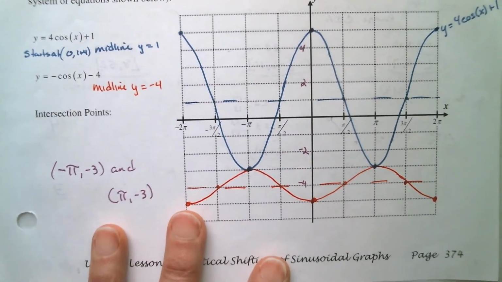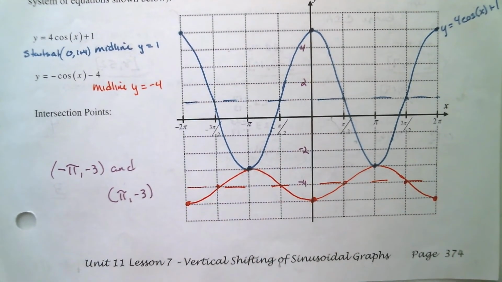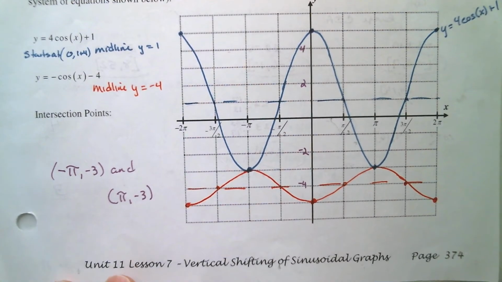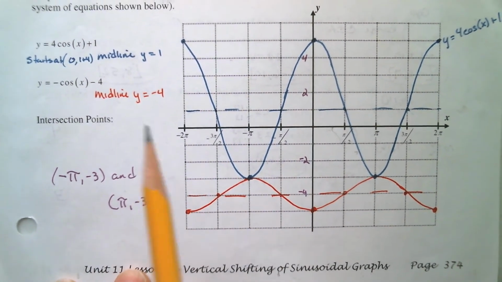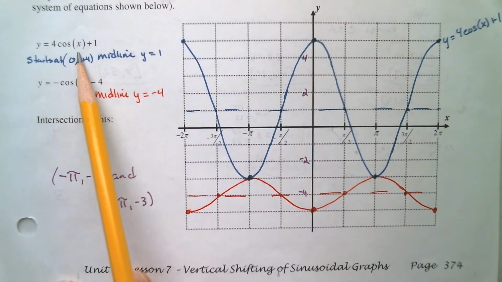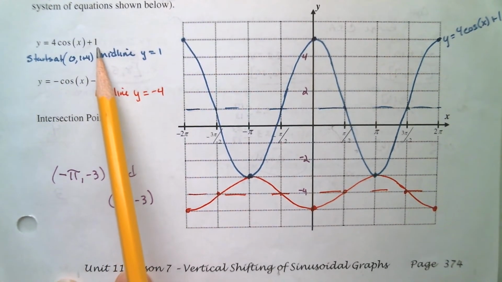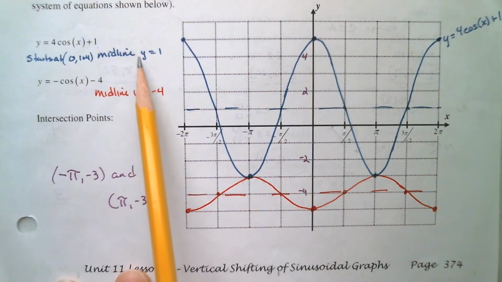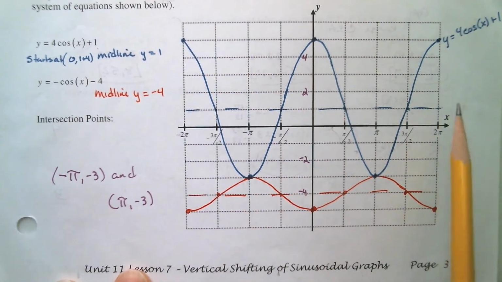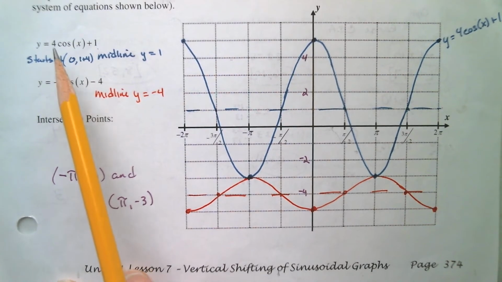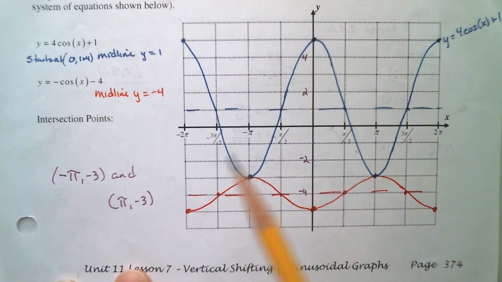Number 2, graph and label both of the curves below, then state their intersection points. Y equals 4 cosine x plus 1. Well, our midline is y equals 1. So I draw that in blue. The a value is 4. Cosine starts off the midline.